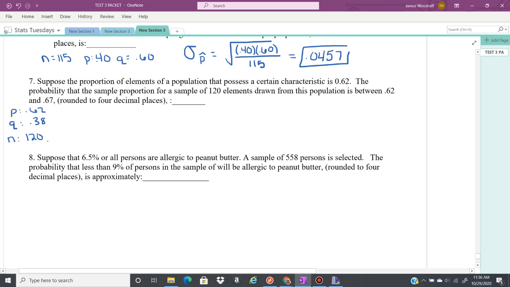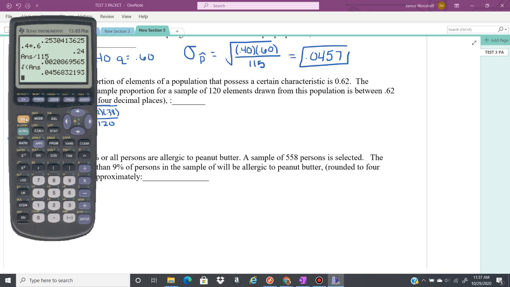And what we need to do is we need a z-score for both 0.62 and 0.67. So in order to do the z-score, I need a standard deviation of my proportion. So that's going to be the square root of p times q, so 0.62 times 0.38 over the sample size 120.